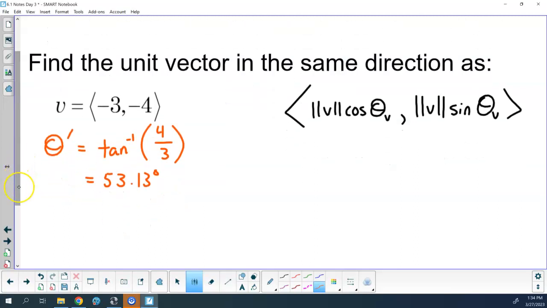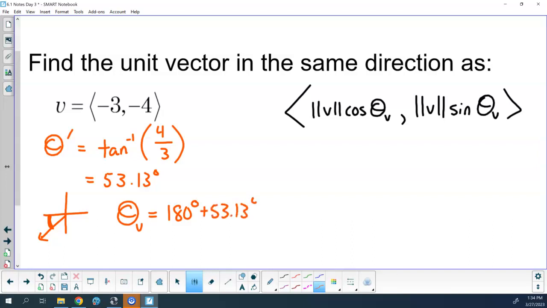Again, since we're in quadrant 3, my reference angle would be this angle right in there. So my actual direction angle of vector v would be 180 degrees plus 53.13, which would be 233.13 degrees.